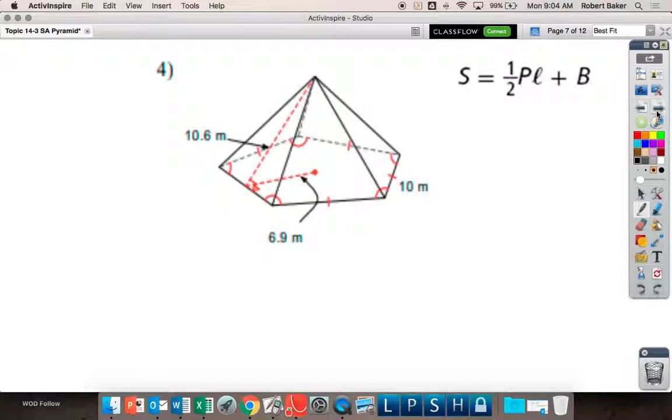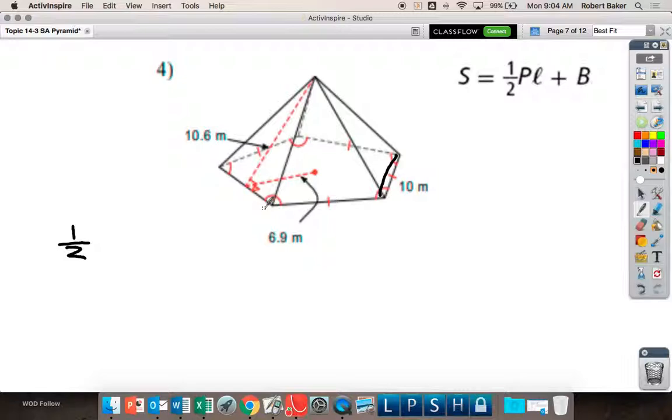Okay, so now if you look at this one, it's a regular pentagon. So that means every face, 1, 2, 3, 4, 5, every face is the exact same size. So we don't have to go back and find the area of each individual face and add them together. The perimeter of the base is 10, 10, 10, 10, and 10.